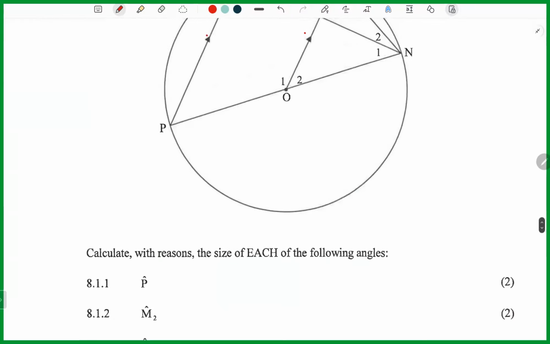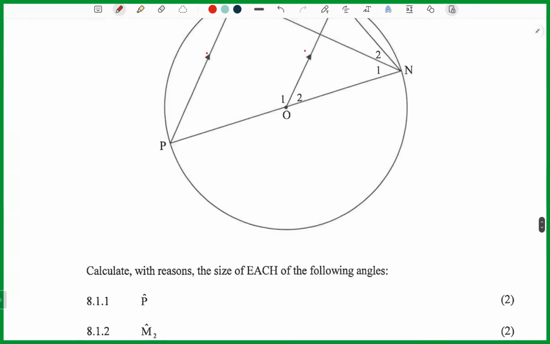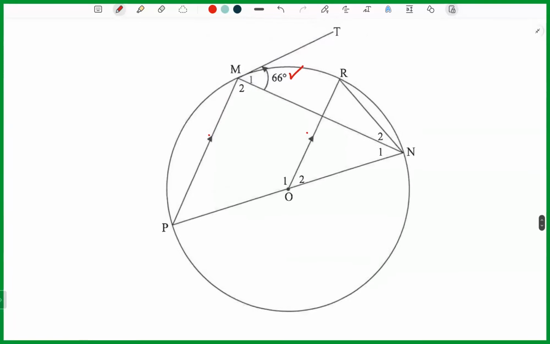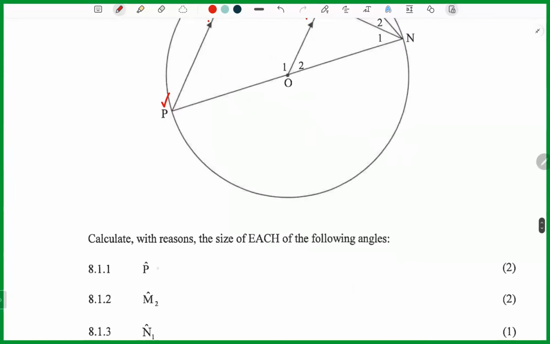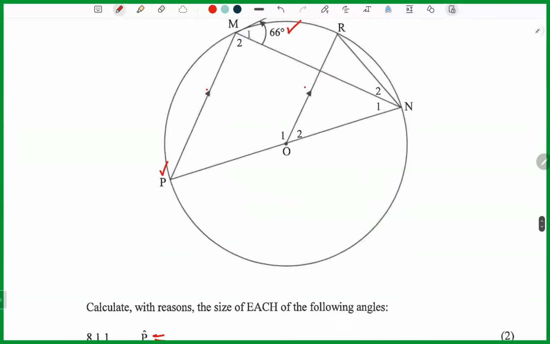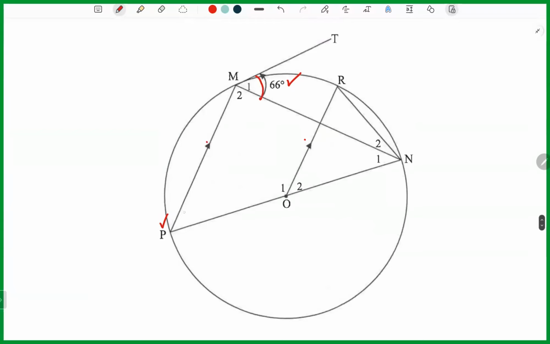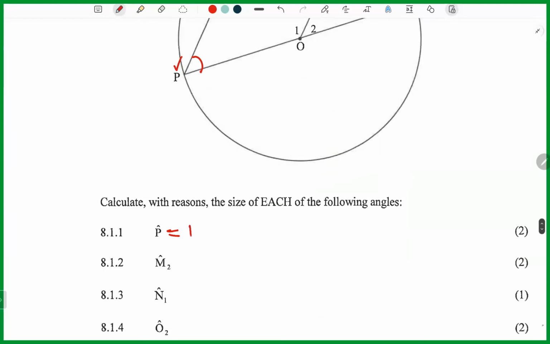We calculate with reasons the size of each of the following angles, first the size of angle P. We are interested in the size of this angle there. We first realize that angle P is equal to angle M1, and angle M1 is 66 degrees.